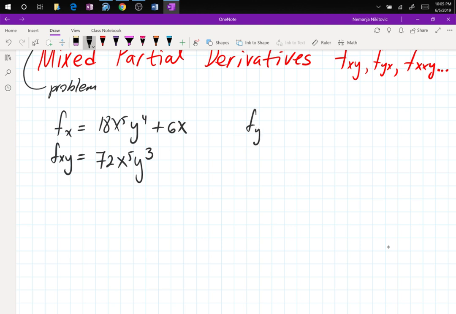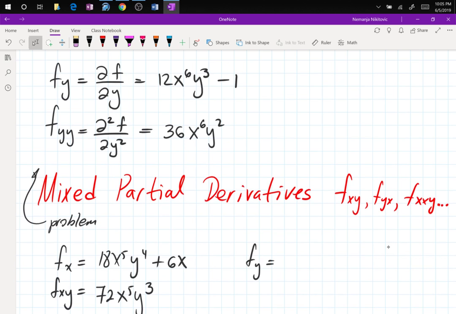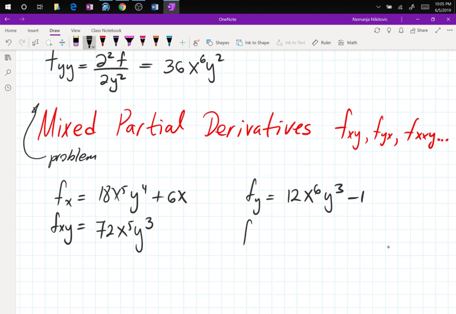Now fy, that we calculated before, was 12x to the 6, y cubed, minus 1. To find fyx, we had to come up with fy first, and then differentiate with respect to x. So now, with respect to x, 6 times 12 is 72x to the 5, y cubed.